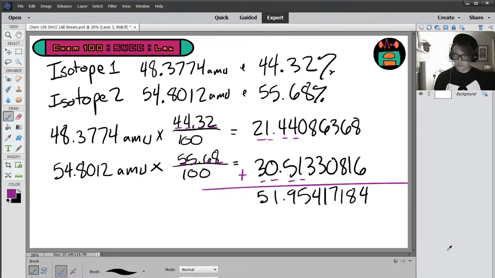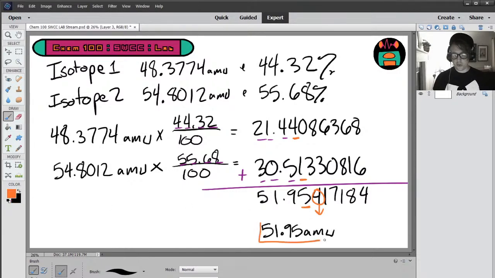But now we have to look at the last significant digit, and both of our numbers have their last significant digit in the second decimal place. That's where we are rounding to, 4 rounds down. So our final answer will be 51.95 amu.